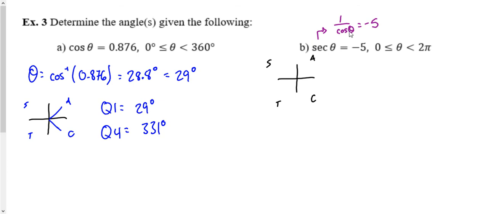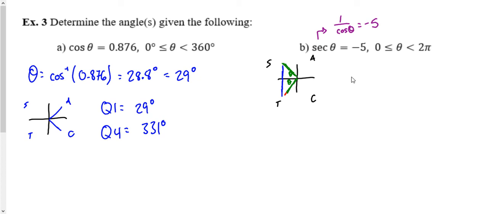And we're looking for where cos is negative. Well, we only really have two quadrants where cos is negative. It's in quadrant 2 and in quadrant 3. So that's where cos is negative. And I apologize for the difference in colors, but that's okay. And of course theta, reference angle, right in there for our quadrants 2 and 3.